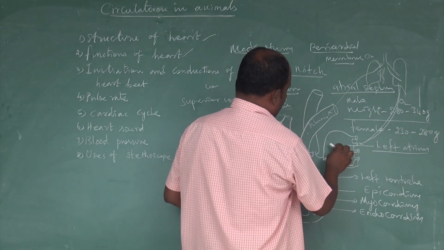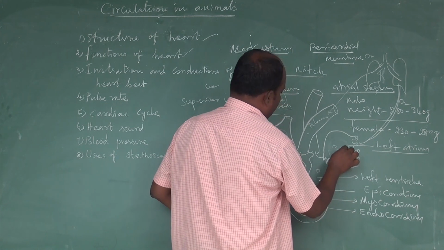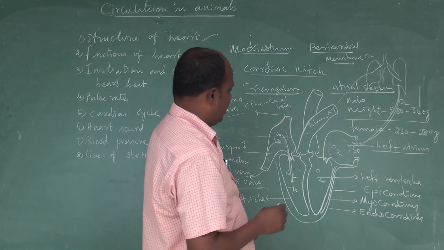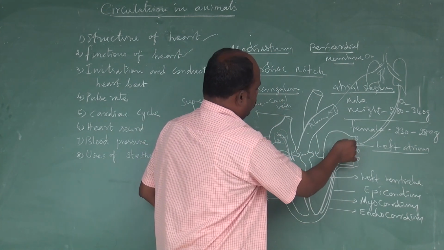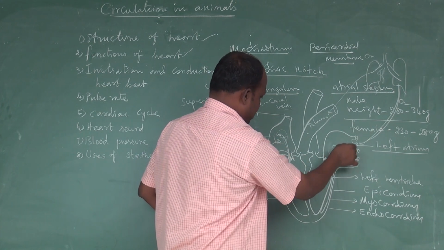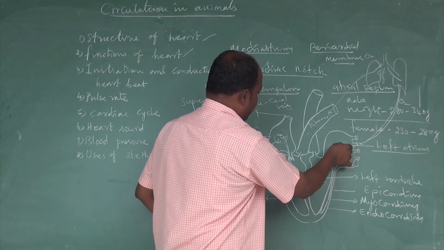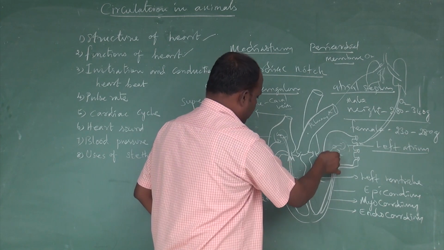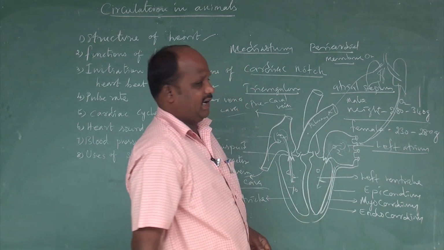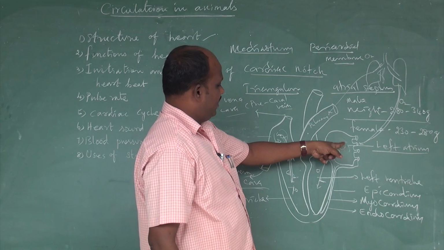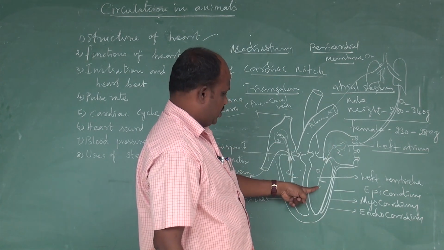The heart contains another upper chamber, called the left atrium. The left atrium receives the blood from the lungs. The received blood passes from the left atrium to the left ventricle, from the upper chamber to the lower chamber.